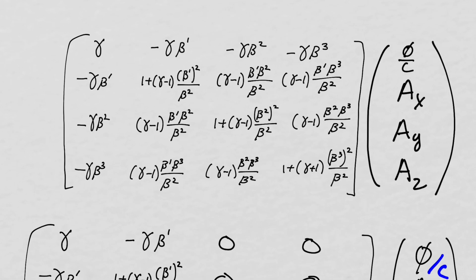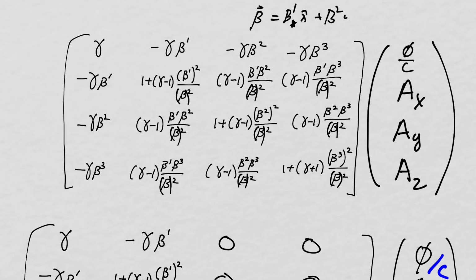And that general form, I suppose I should take these b's in the denominator and give them parentheses, because they're meant to be the magnitude of beta, the velocity beta, whereas this b here is the second component of beta, right? So beta is a vector b1 in the x hat direction plus b2 in the y hat direction plus b3 in the z hat direction, right?